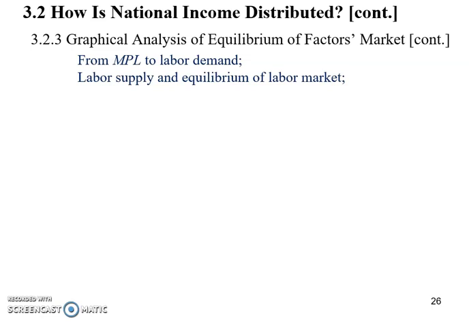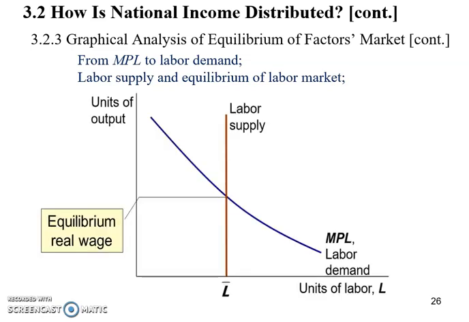Now, if labor is fixed, how could we show that on the graph? Again, I encourage you to pause the video and think about this on your own. If the supply is fixed, then how could we show that on the graph of supply and demand?